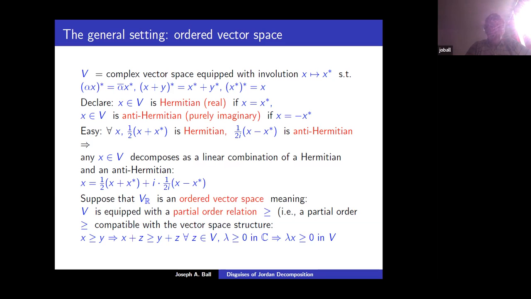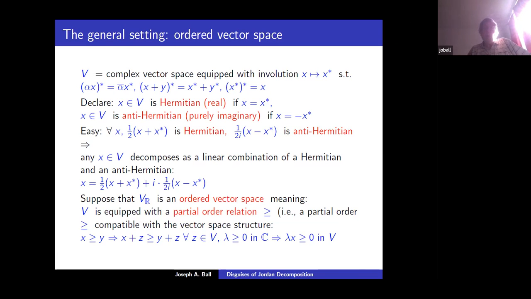So then with this decomposition into real and imaginary parts, which we're familiar with from complex numbers, anything in the space is a complex linear combination of two Hermitians. So if we restrict to the real things, those that are self-adjoint, we assume V also has a partial order.